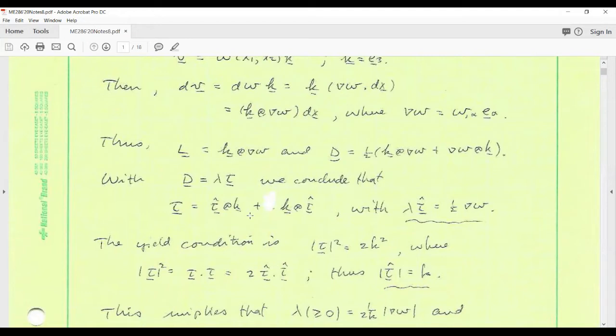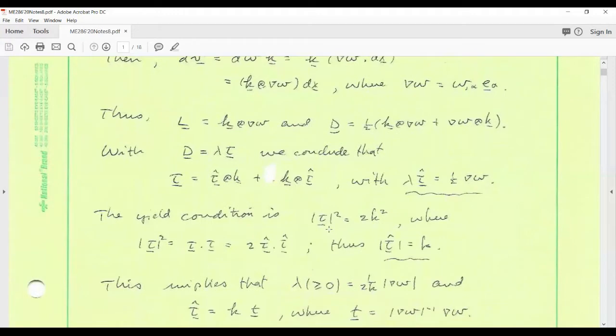And this is, however, an entirely in-plane vector. It's a vector in the plane of the page. Okay, let's look at the yield criterion, the von Mises yield criterion, which says that you have yield when the squared norm of the deviatoric Cauchy stress is twice k squared, where k is the yield stress in shear. But look at the squared norm of this tensor here.